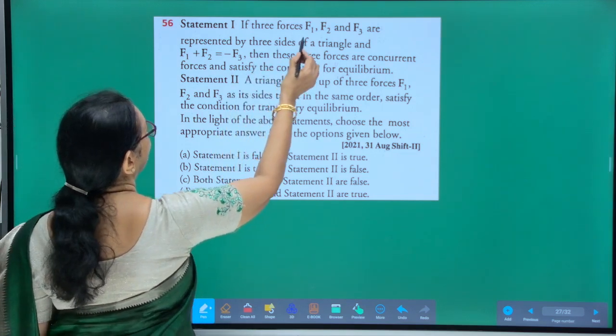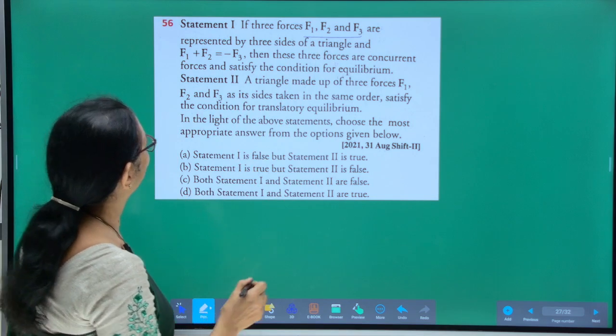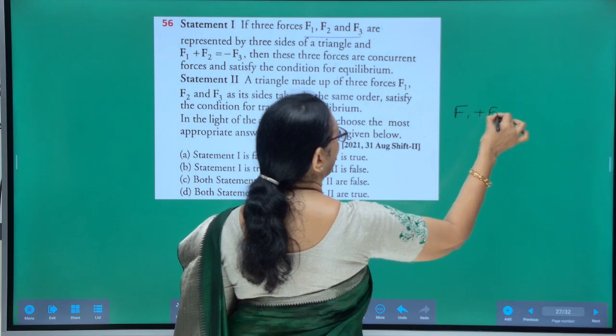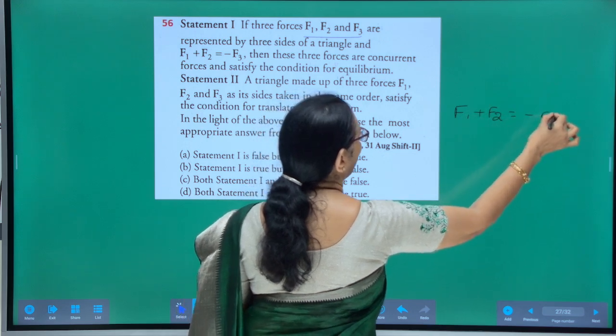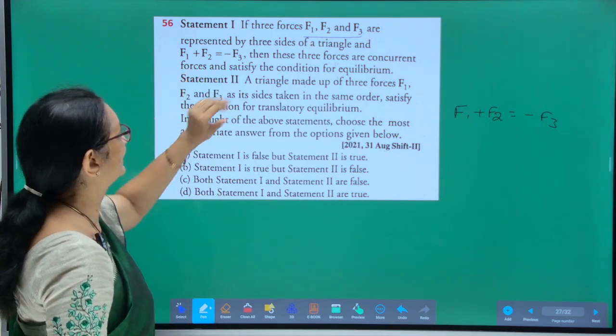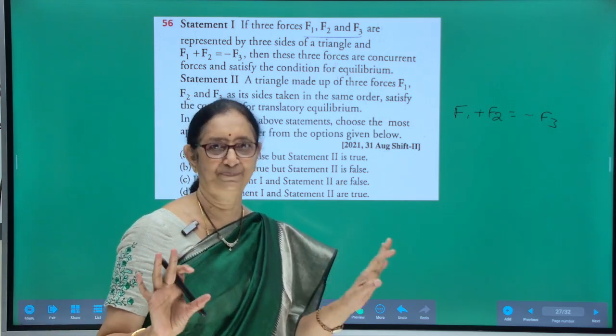Statement 1. Three forces F1, F2, F3 are represented by the three sides of a triangle such that F1 plus F2 is equal to minus F3. Then these forces are concurrent and satisfy the condition for equilibrium. That is perfect.